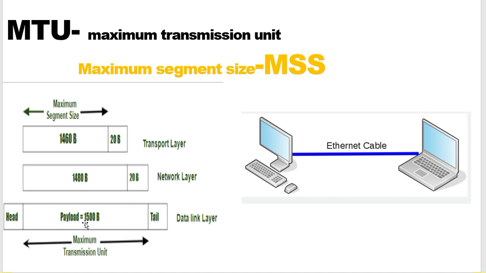So every part cannot go beyond this, and it will be equally divided into n number of parts of your total data transfer. And whatever minimum is left will go in the last one.